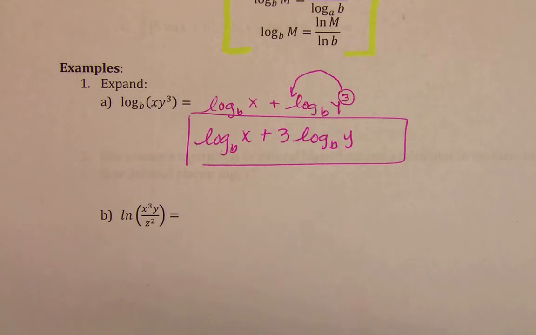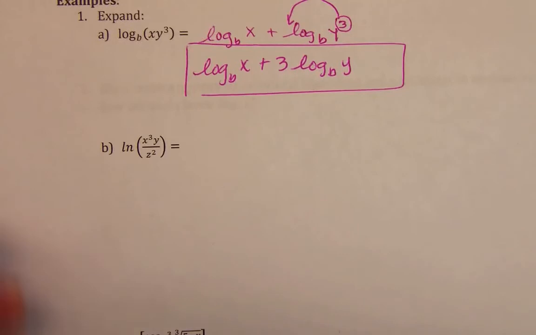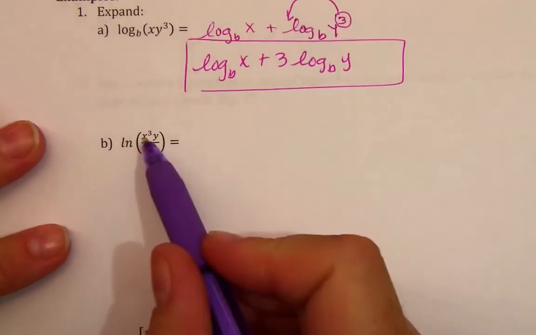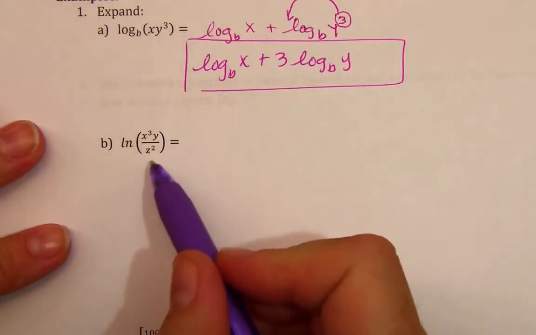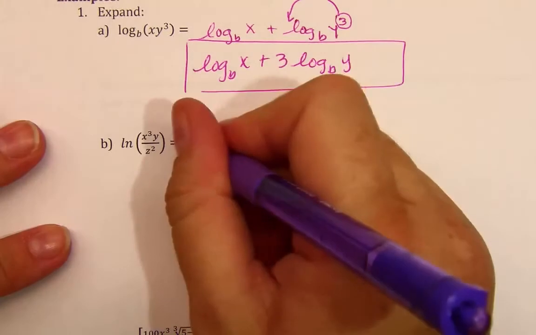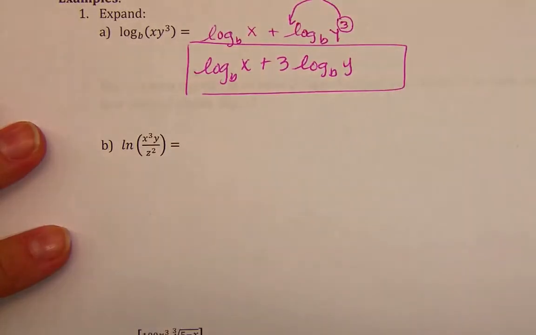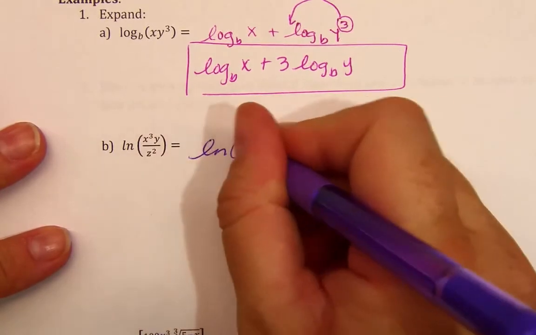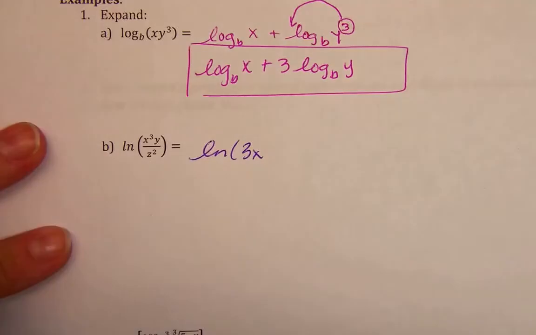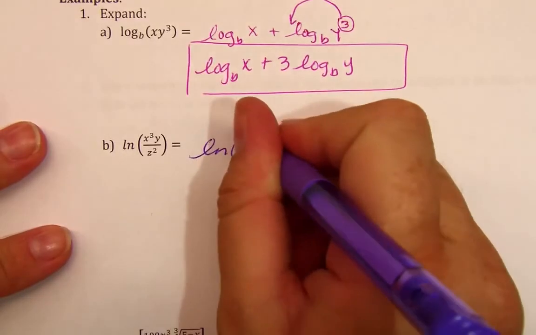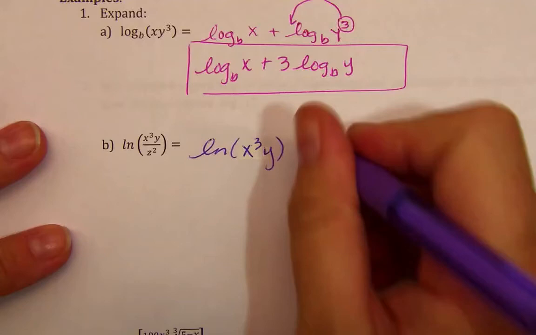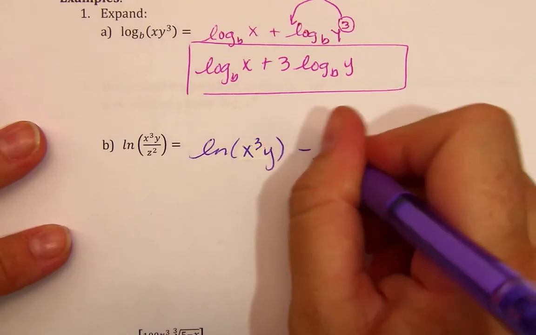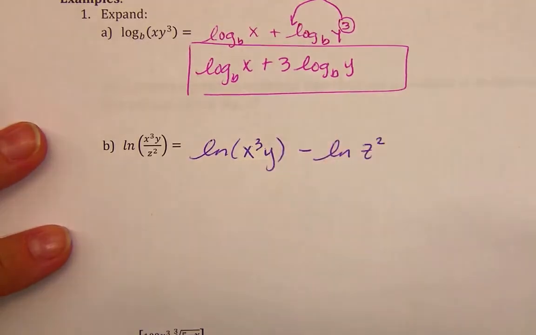We can look at a little bit more of a complicated example. We have natural log of x cubed times y over z squared. So division expands to subtraction. So natural log of x cubed y minus natural log of z squared.